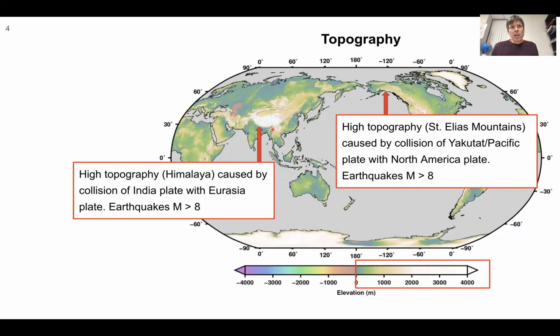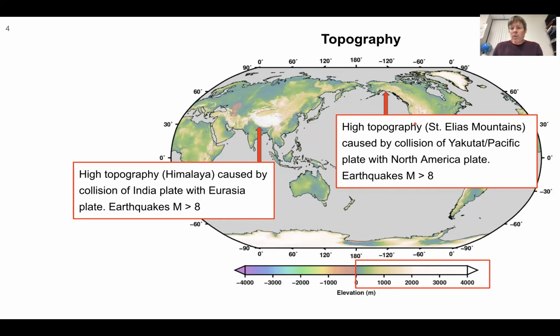So a process lasting millions of years, forming these great mountain ranges and colliding between two plates. Over millions of years, we're also having large earthquakes over that same time, right up to today. So we have large magnitude greater than 8 earthquakes, and these mountains continue to be formed.